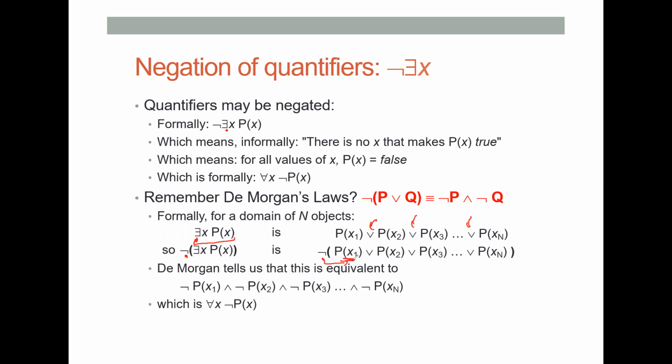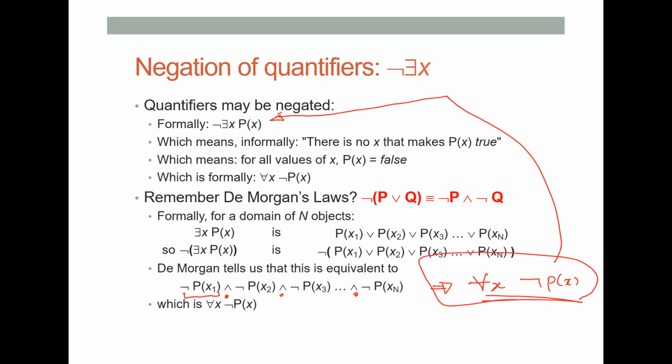So this would be negated, this would be negated, this would be negated as here, but the OR operation would be converted to AND operations. And you know that the AND between all the instantiations is the equivalent form for the universal quantifier for all x. And actually, this is a new predicate now, not p of x is true. So this is exactly the same as the given negation of the existential quantifier.